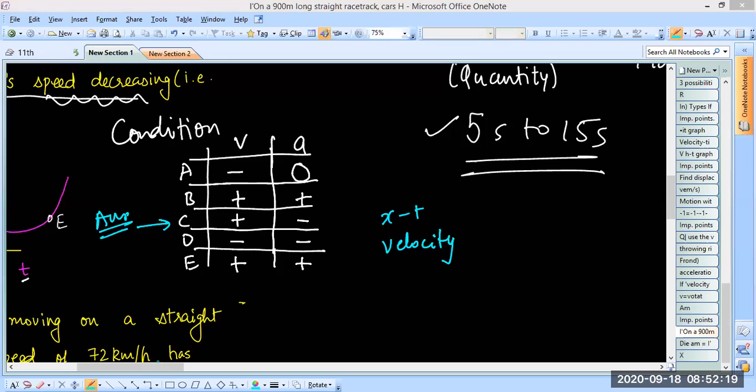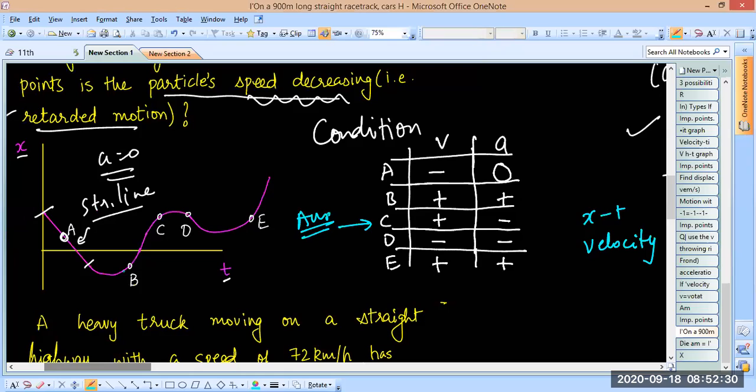All right, both are opposite to each other. Yes, slope of tangent, very good. So at B, you can clearly see the tangent is like this. So slope of tangent is positive. All right, so velocity is also positive. Clear?